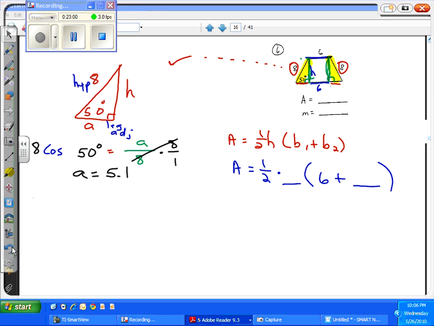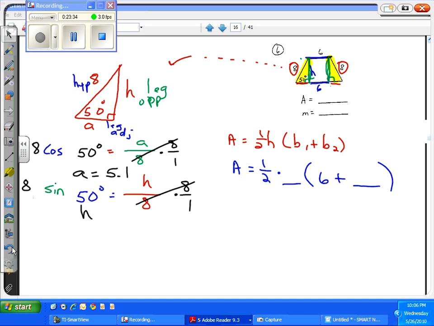We'll go ahead and do a trig ratio to find H. We're going to put our 50 degrees again. H is the leg opposite the 50. Leg opposite hypotenuse is sine. Sine says put leg opposite H over hypotenuse 8.